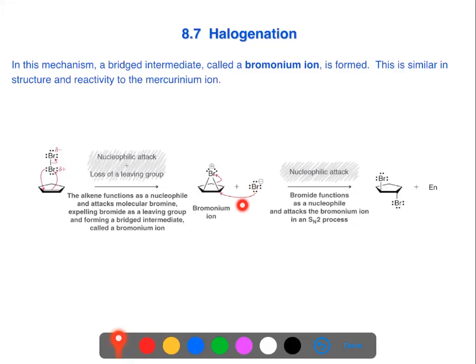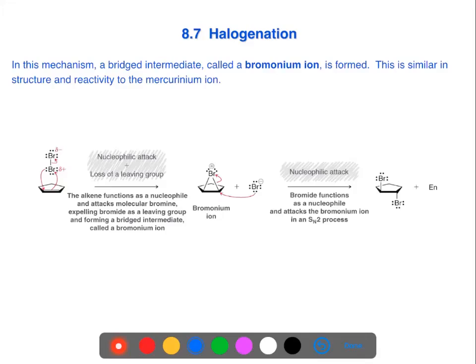The bromide attacking here will give you one enantiomer, as we break the carbon-bromine bond of the bromonium ion to give the dibromocyclopentane. But if the bromide was to attack at this position, we'd end up with the other enantiomer.